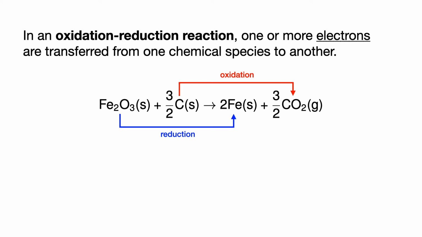Processes like this were very common, and if you imagine starting with a large quantity of iron ore and reacting with solid carbon and ending up with the pure iron, going from Fe2O3 to just Fe, all of those oxygen atoms are going away.